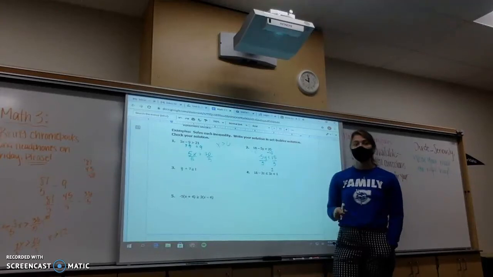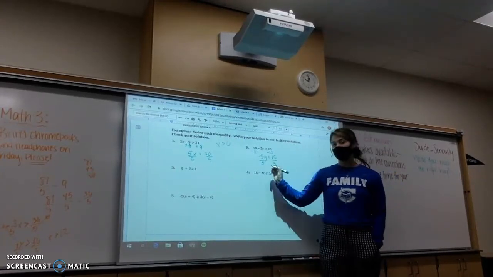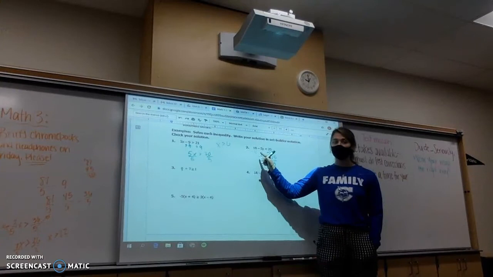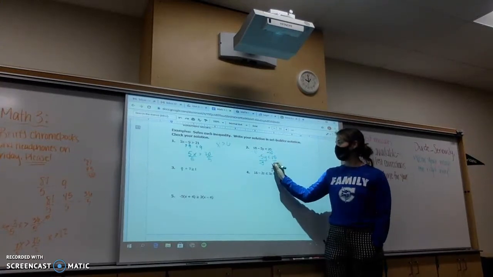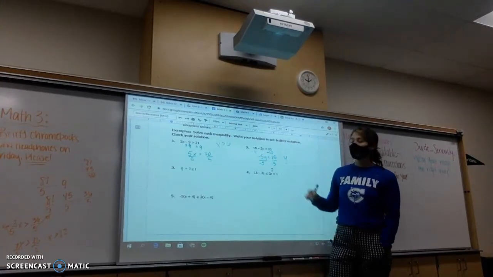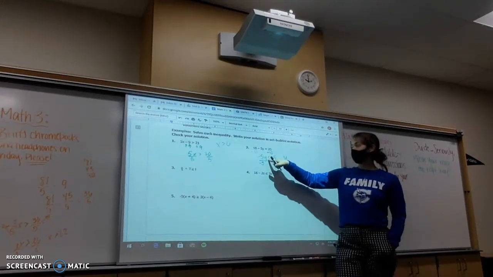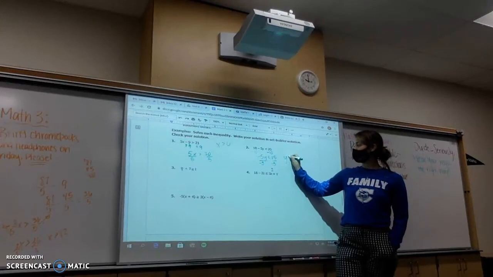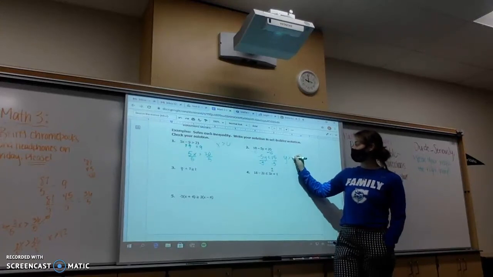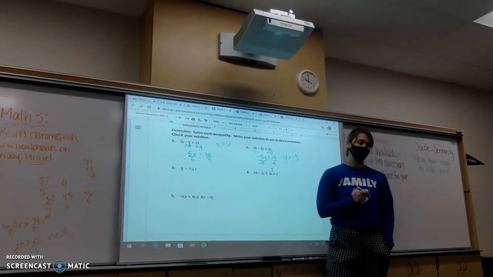Me too. Candace, what do we want to divide by? Negative 5. Negative 5y. Hey guys, when I divide by a negative, what happens to my sign? Flip it. So I'm going to get y is greater than negative 3.